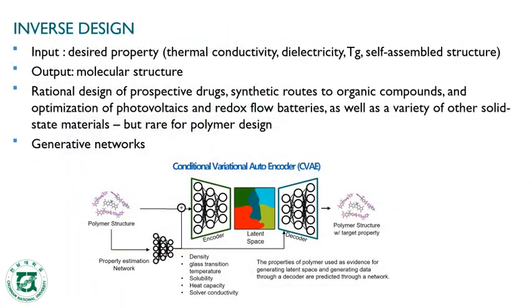On this platform, if you type your polymer, it generates the predicted physical quantities. In the inverse design case, the input and output are now switched. So the input will be desired properties, and the output will be the molecular structure or the process conditions. This inverse design has been actively investigated and applied in new drug design, and even for designing new synthetic routes for organic compounds.